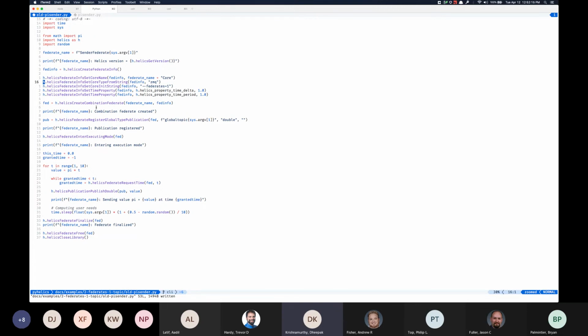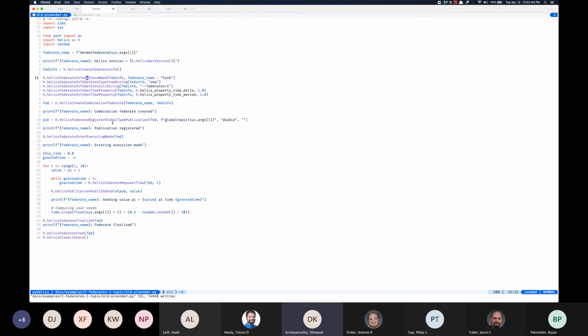As most people here might know, Helix is a C++ library that exposes a C interface, and the Python interface wraps the C interface. So all of these functions that you're seeing over here, helix federate info set code name, helix federate info set core type from string, and so on, are all one-to-one mappings to the C interface.